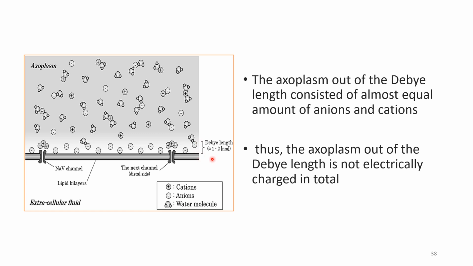This is the Debye length, 1 to 2 nanometers, and here you have more anions. These are water molecules. The exoplasm out of the Debye length has equal amounts of anions and cations, so it is not electrically charged.